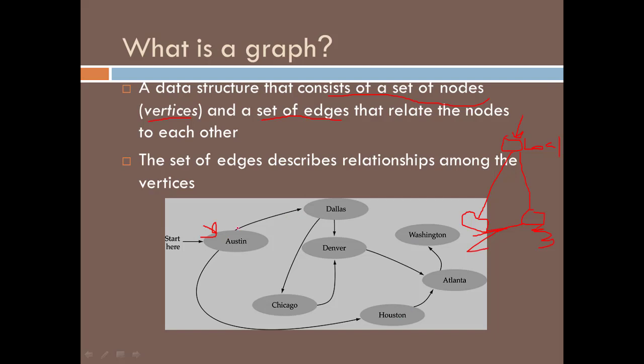There are different edges, for example from this one to this one, and many others. There is a starting point, there also exist some cycles, and nodes and edges connect with each other. So this is a complete graph.